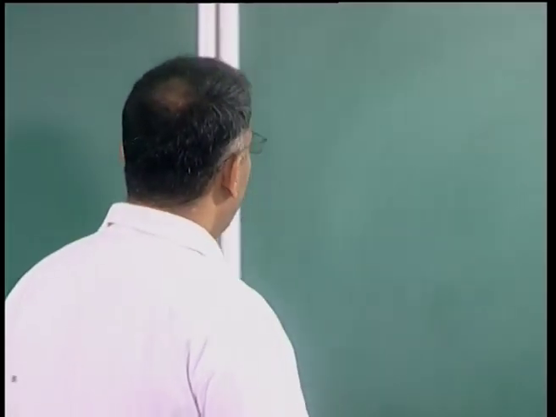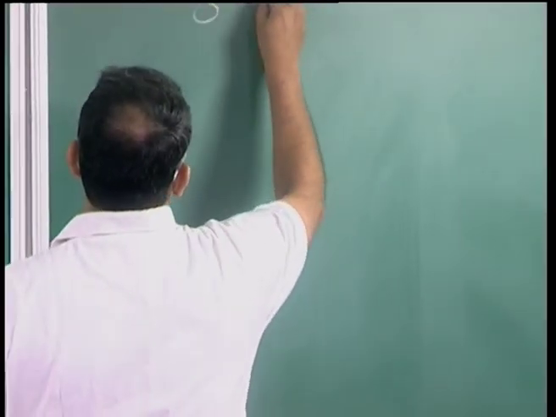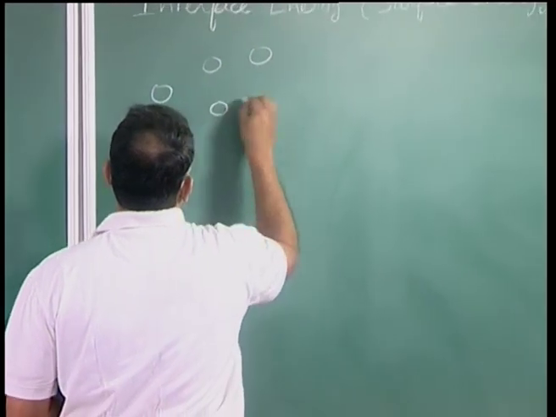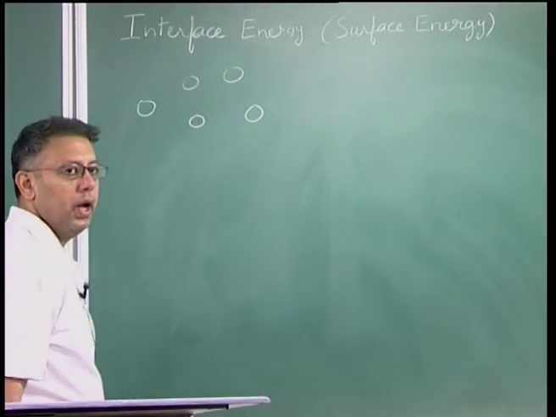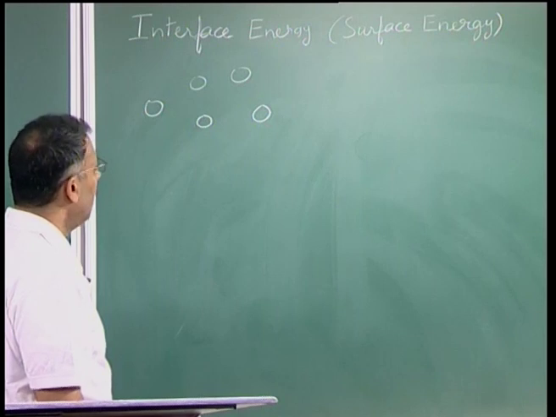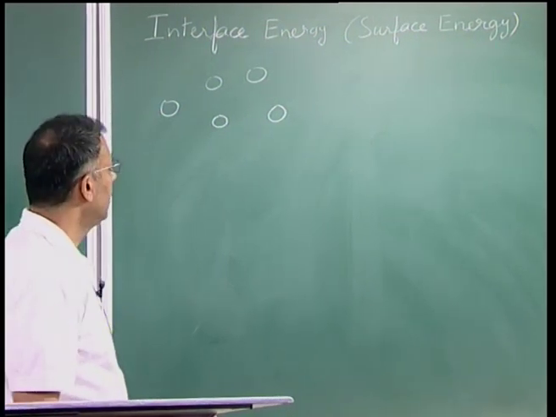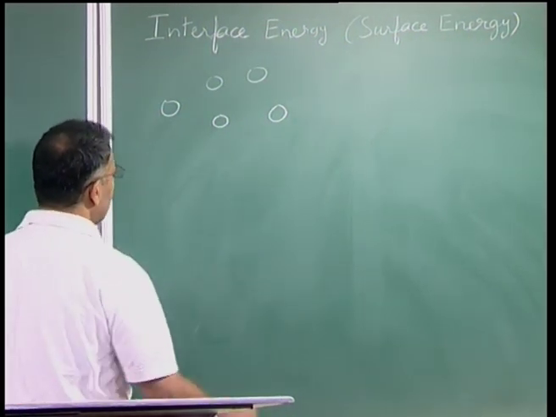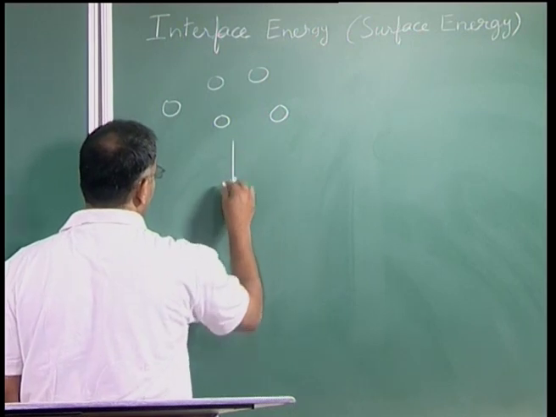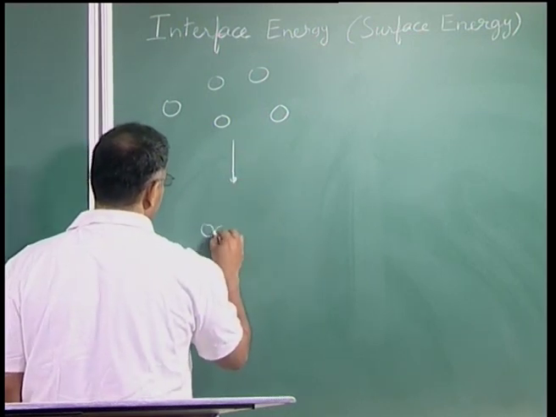To understand these concepts, let us consider a collection of atoms which are far apart. That means they are non-interacting and therefore they are not bonded to each other. Now, suppose I do a mental construct in which all these atoms are brought together and say I form a crystalline array.